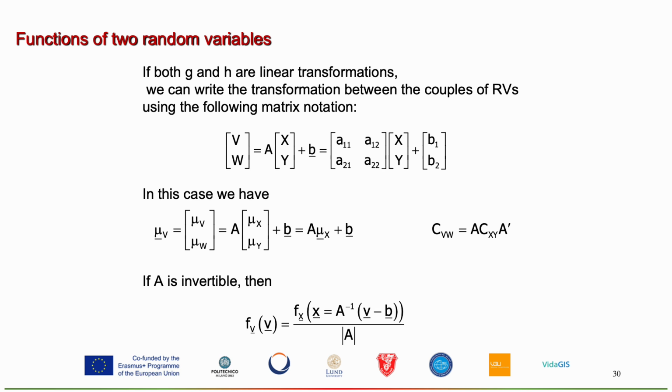It is given by the joint density function of XY for X equal to the inverse of A that multiplies VW minus B, over the determinant of A.